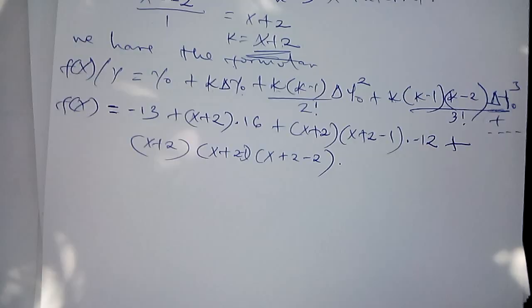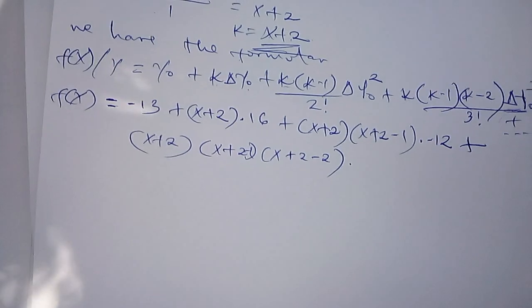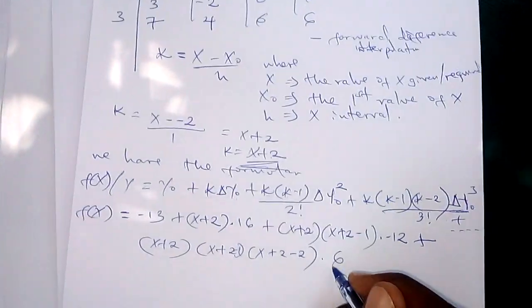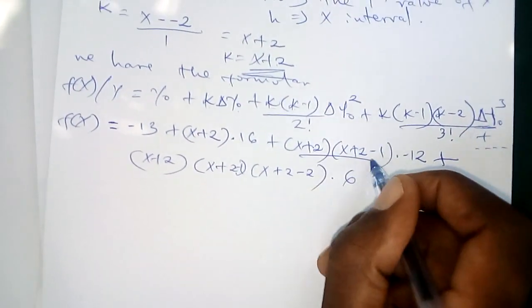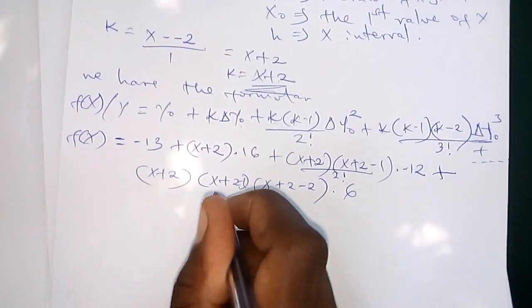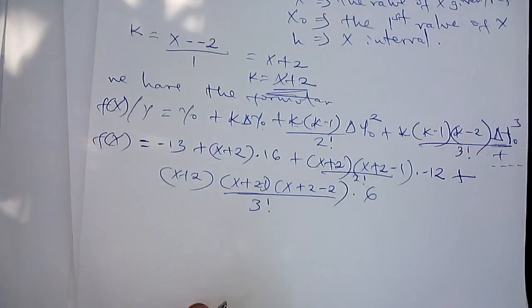Multiply by change in y naught cubed, which was 6. You have 6 all over 2 factorial, and this was all over 3 factorial. So we simplify out.